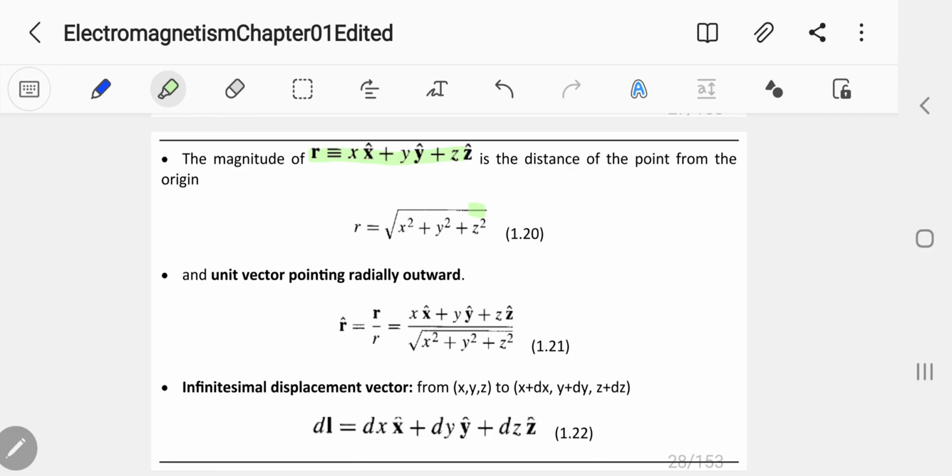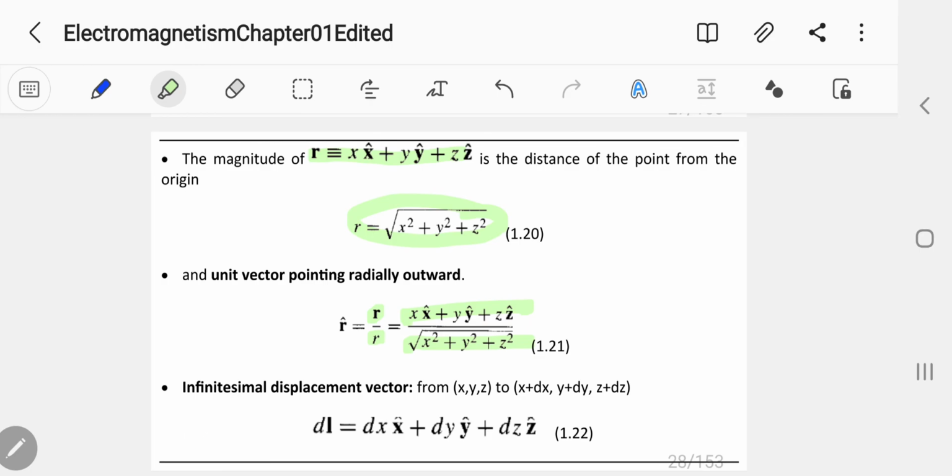And you can get the unit vector r by dividing vector r by the magnitude of r. So you know this and you know that you can get the unit vector.